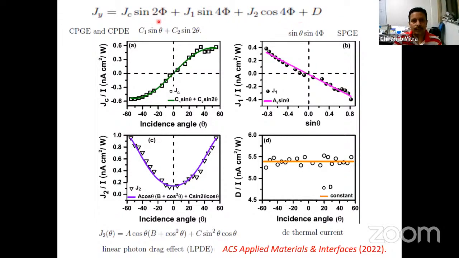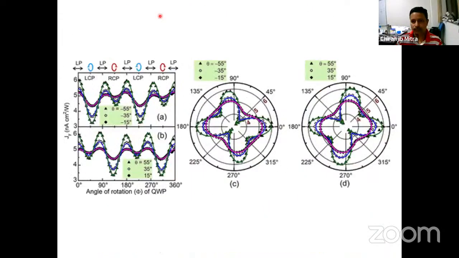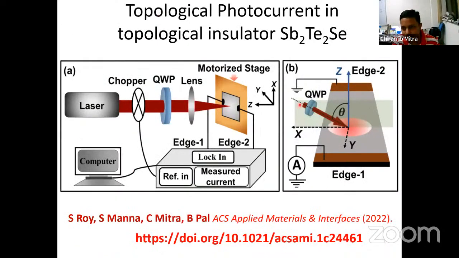Okay, so there are two aspects here. If I go to the experiment here, you see there are two parameters. One is this quarter wave plate rotation, which is phi. So I am basically varying the polarization of the light, and another is the angle at which it is coming. There are some equations which I have not given here, but you can see this paper has come online, so we have given them.